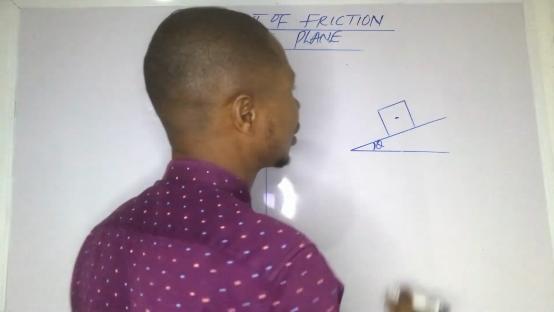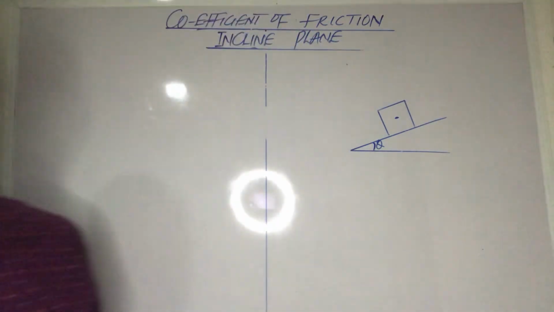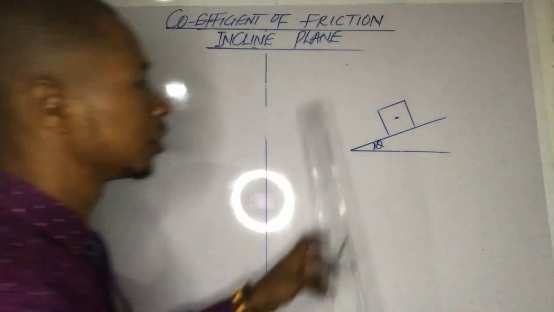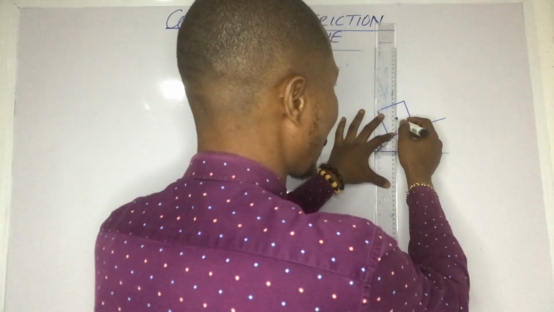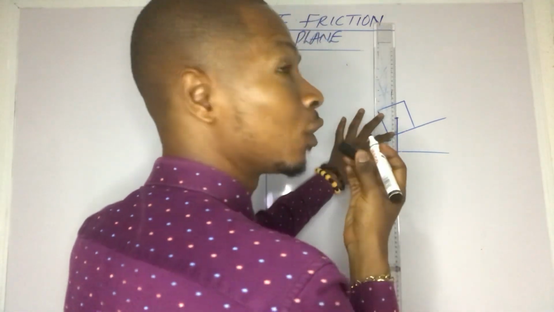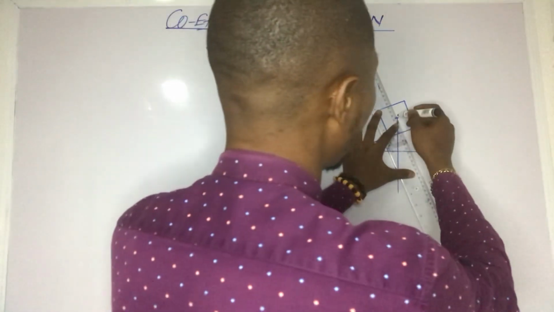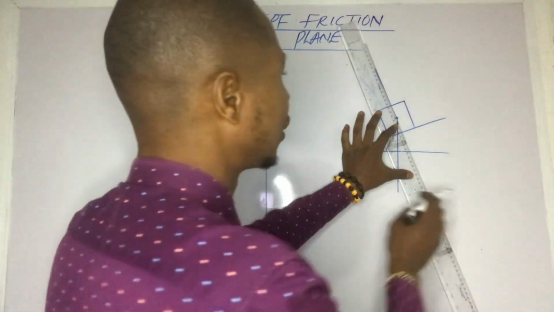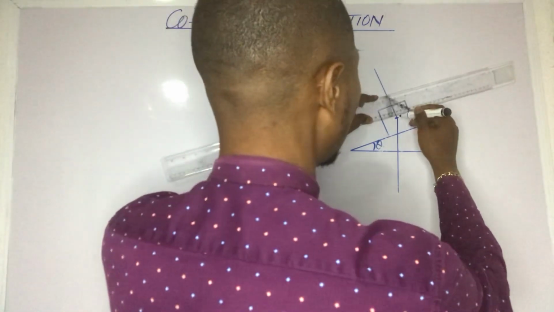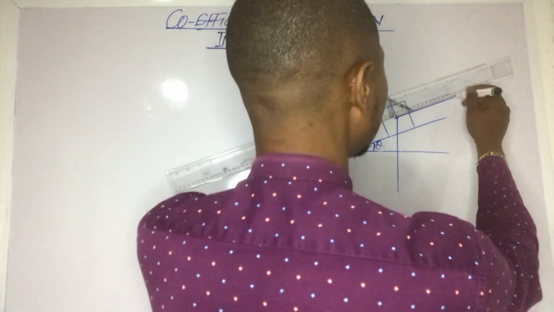You have the normal reaction acting on the body against the weight of the body. The weight of the body will be acting downward, and there will be a normal reaction acting against it. Then you have a force parallel to the plane that will be acting upward.